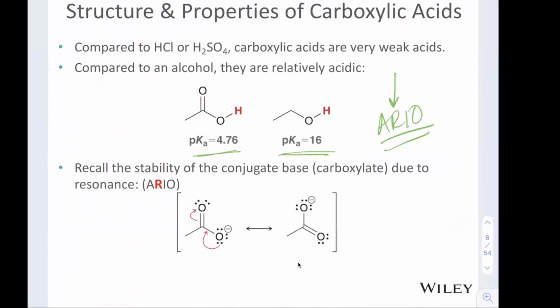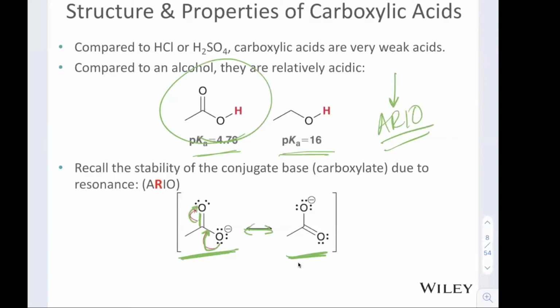So when we form the conjugate base of this acid right here, we get this species right here. We can take those electrons, kick in to form a double bond. This double bond breaks. Those two electrons hop up onto the oxygen. So we have the resonance structure shown here. And anytime a compound can have resonance, it is more stable.